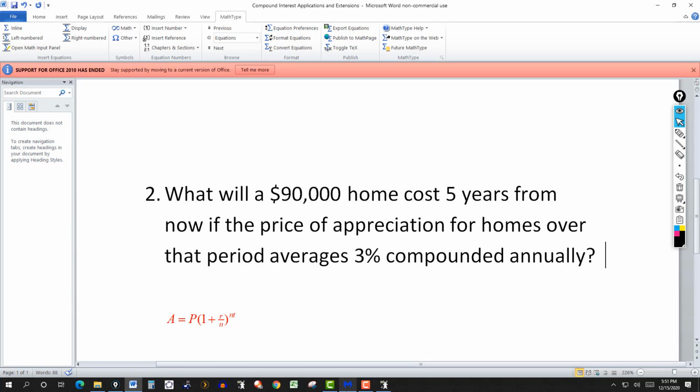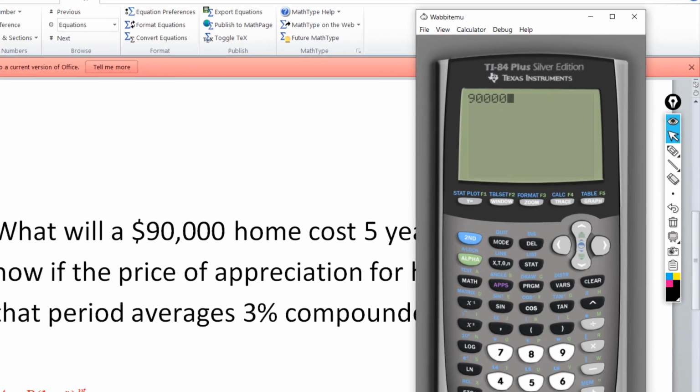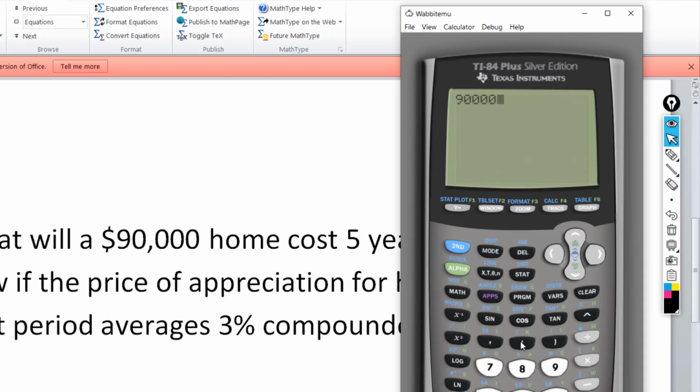Using the graphing calculator, we're just finding this part right here. And what we get for A will be the value of the house in 5 years. So we just go 90,000 and then parentheses.